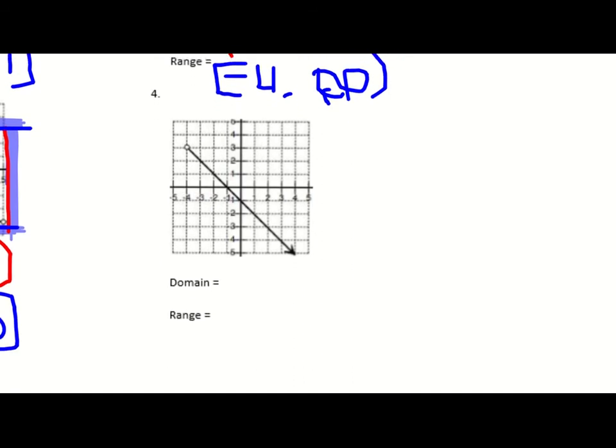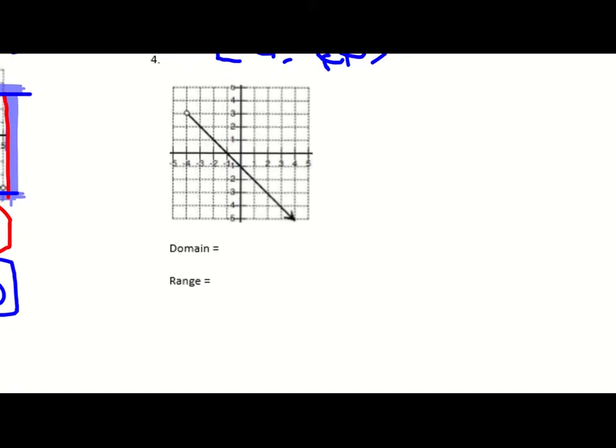And the last example, number 4. We want to find the domain and the range. Again, I'm going to color in so I can see exactly where this graph is, and then find my domain first, from the left to the right.